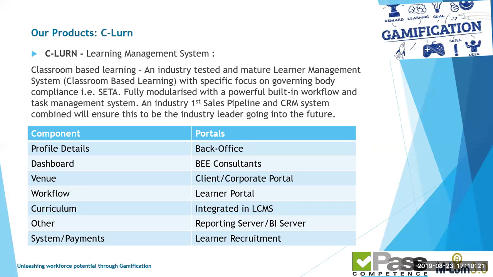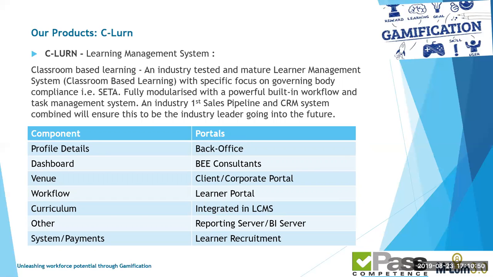The major components in the system are a section for your profile details, your dashboard, venues, workflows, your curriculum, other, and system/payments. If we look at the portals, it consists of a back office, a portal for BEE consultants, a portal for your clients or corporate portal, and a learner portal.